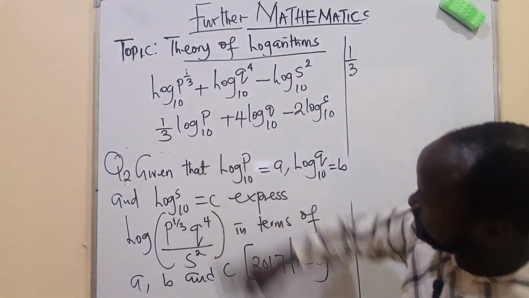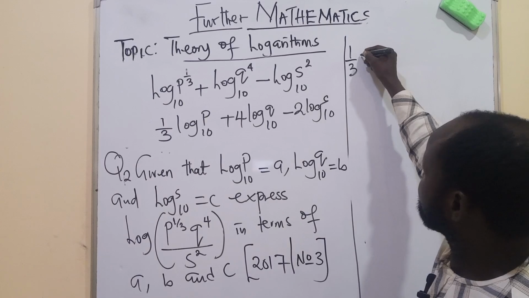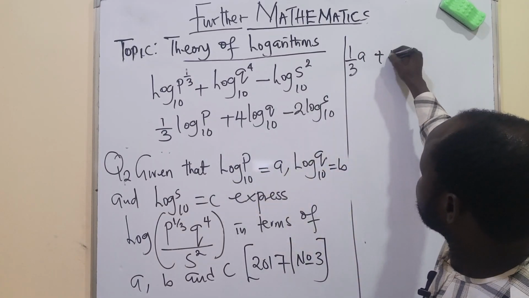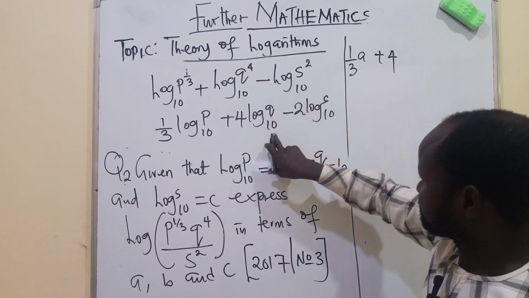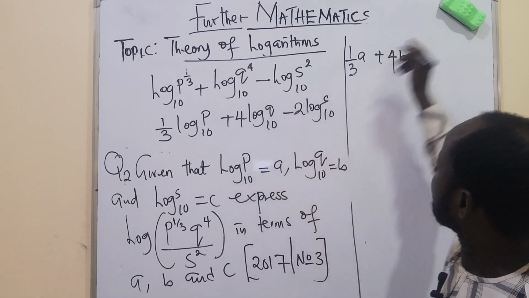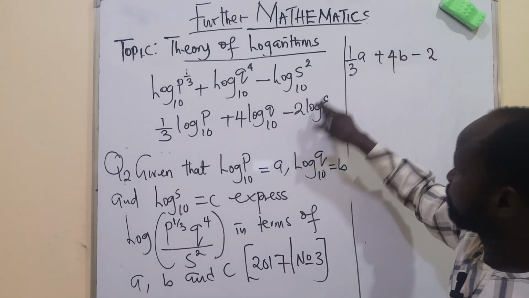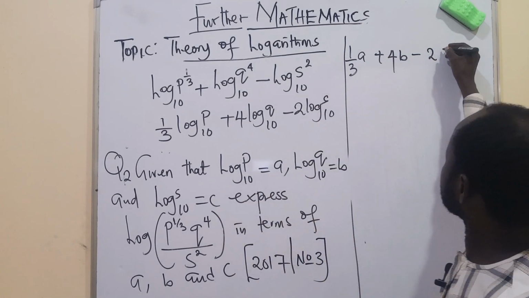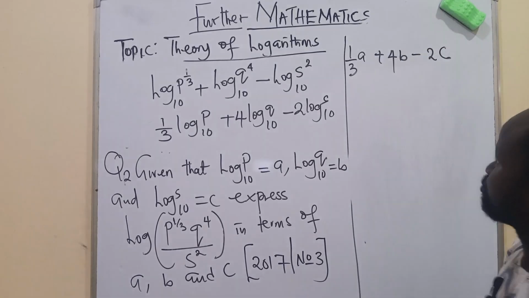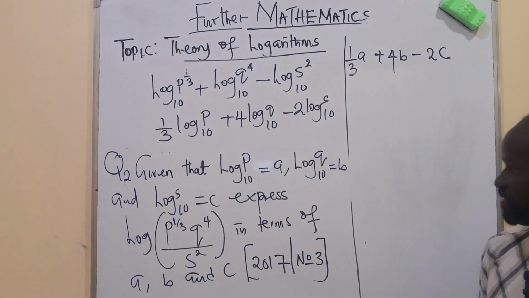Log p to base 10 is equals to a. That will be times a plus 4 now. Log q to base 10 is b, that's times b. That will be 4b minus 2 now. Log s to base 10 is c, that's times c, which is 2c. So this is what I will have at the end of the day.